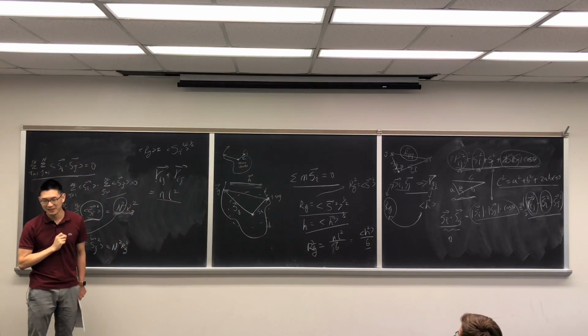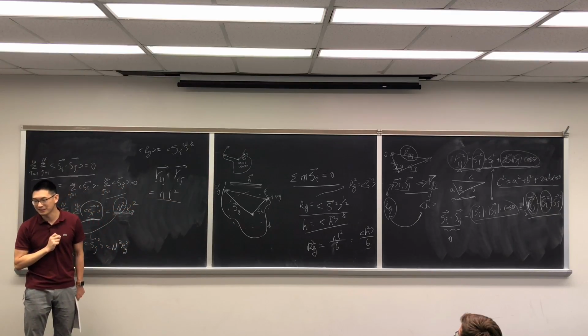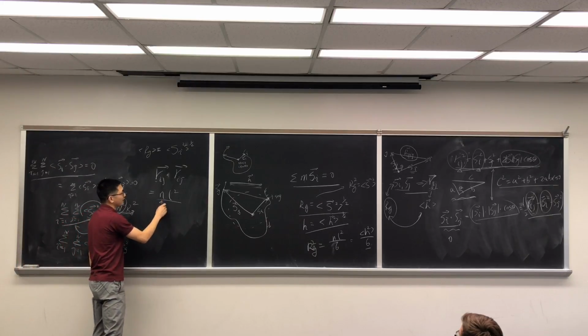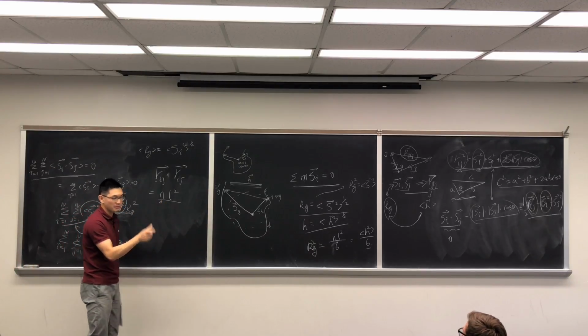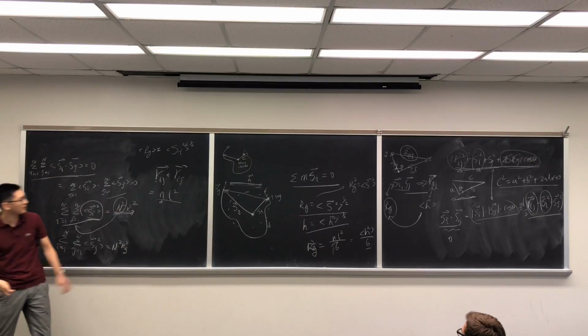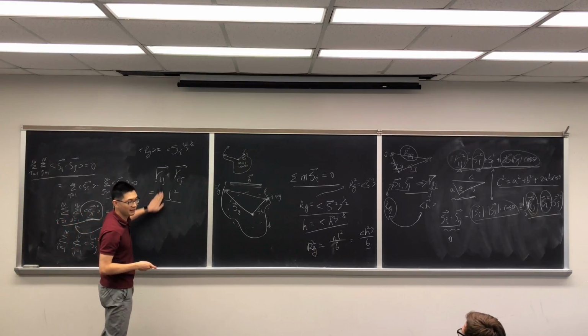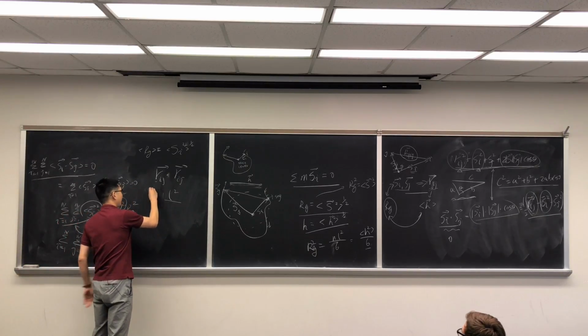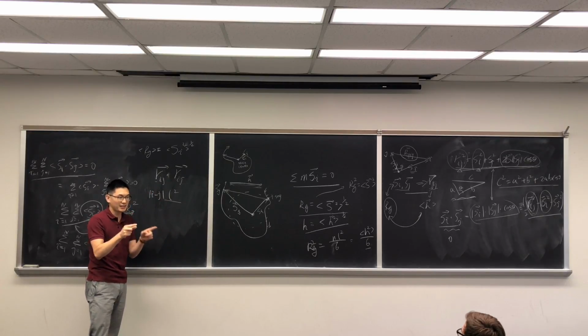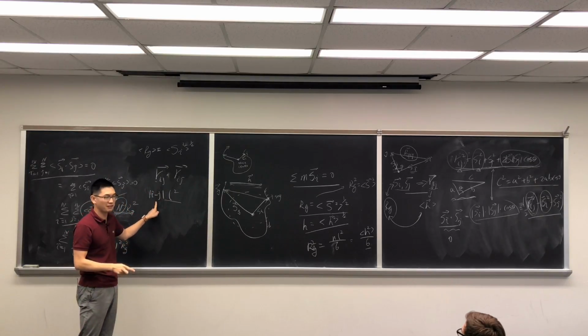NL squared. N is the number of segments, right? Since i and j are random, this will not be N. It will be |i minus j|, because if i and j are next to each other, this will be 1.